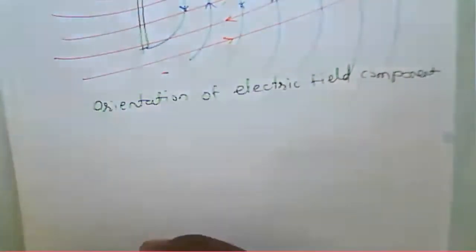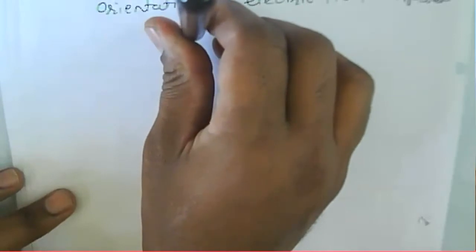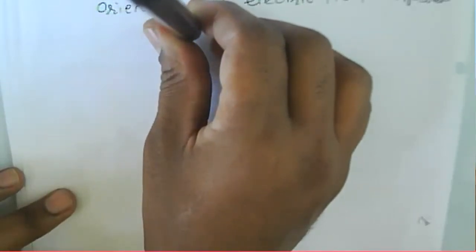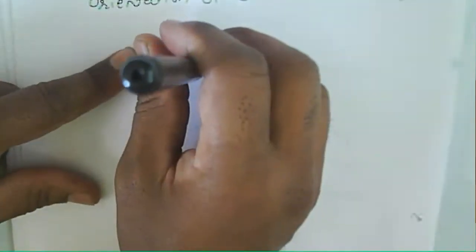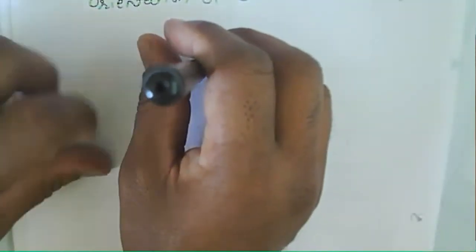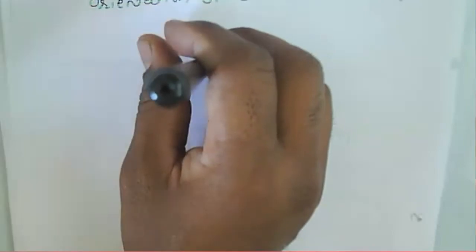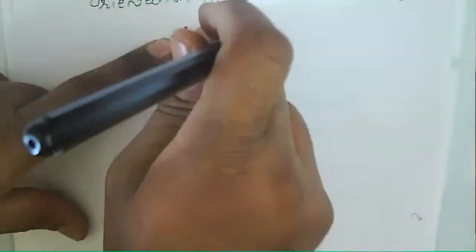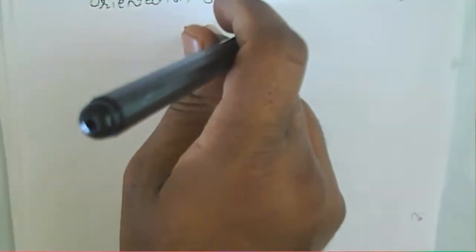It is perpendicular to the ground. That antenna will provide an electric field component that is perpendicular to this particular ground plane. Then that antenna is called a vertical antenna.